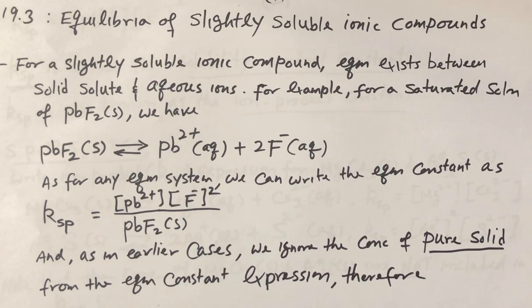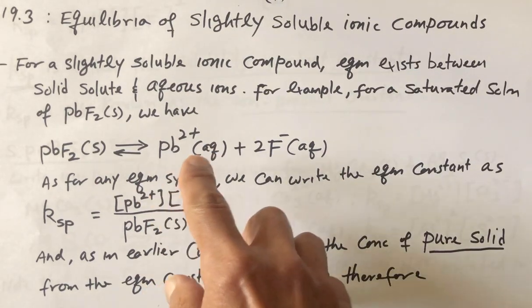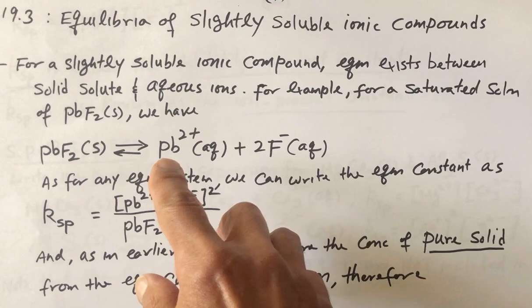For example, for a solution of PbF2, which is a slightly soluble ionic compound, we have the ions Pb2+ and F- produced according to this equilibrium reaction.